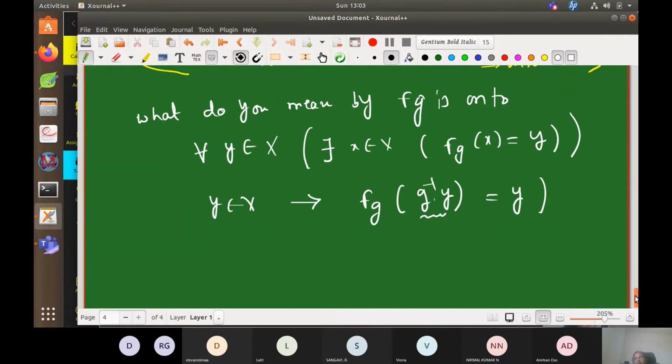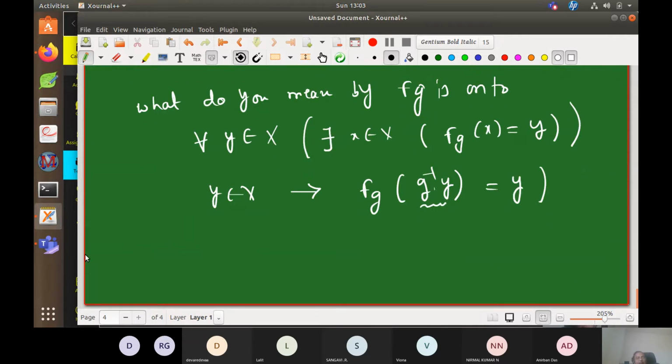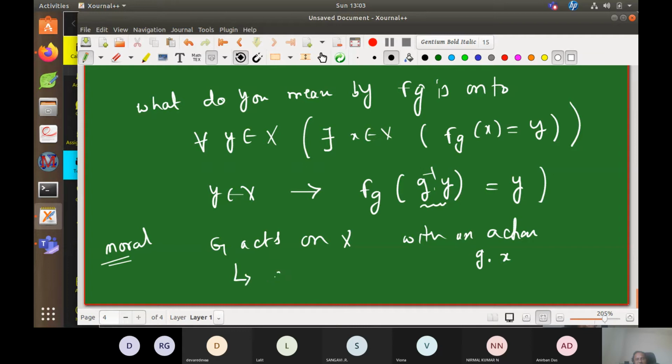So what has happened till now? What is the moral? So G acts on X, with an action G dot X. Then it is giving, for each G, an Fg.